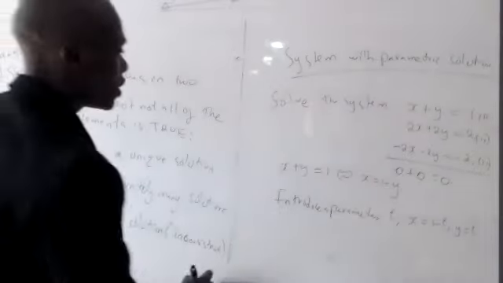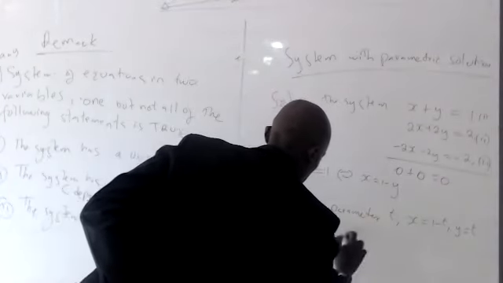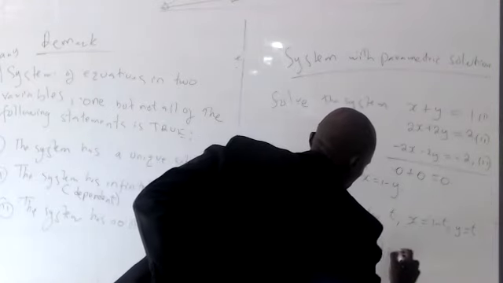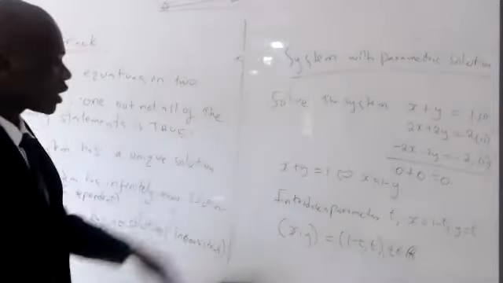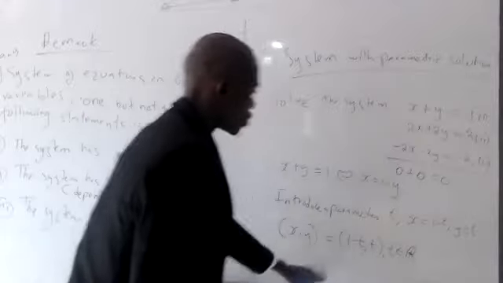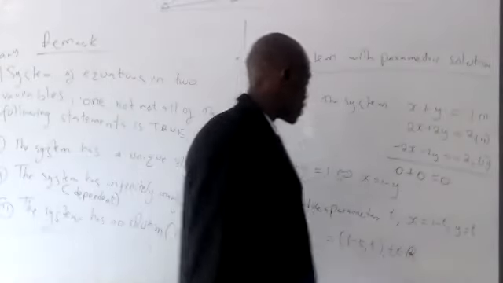So the solution for this system, given coordinate-wise, x comma y, will be 1 minus t comma t, where t is a real number. In this case, t is called a parameter, and this is called a parametric solution. This is simply a short way of writing x is 1 minus t and y is t.